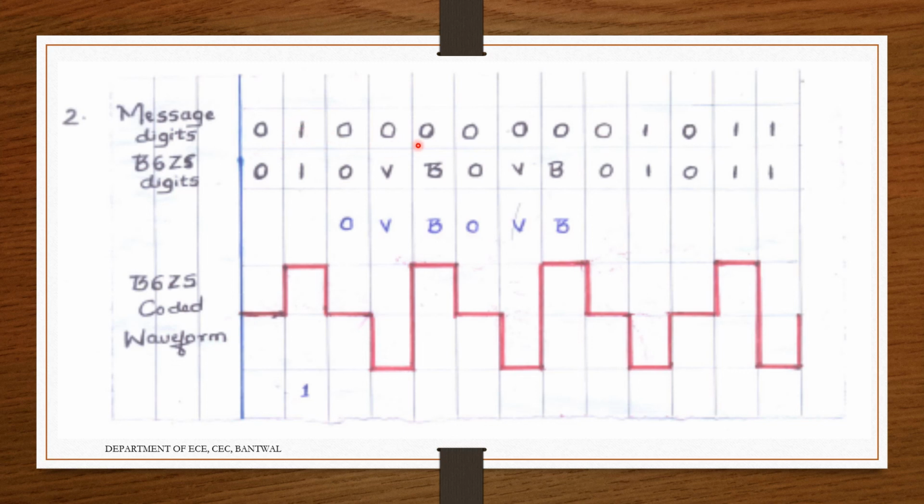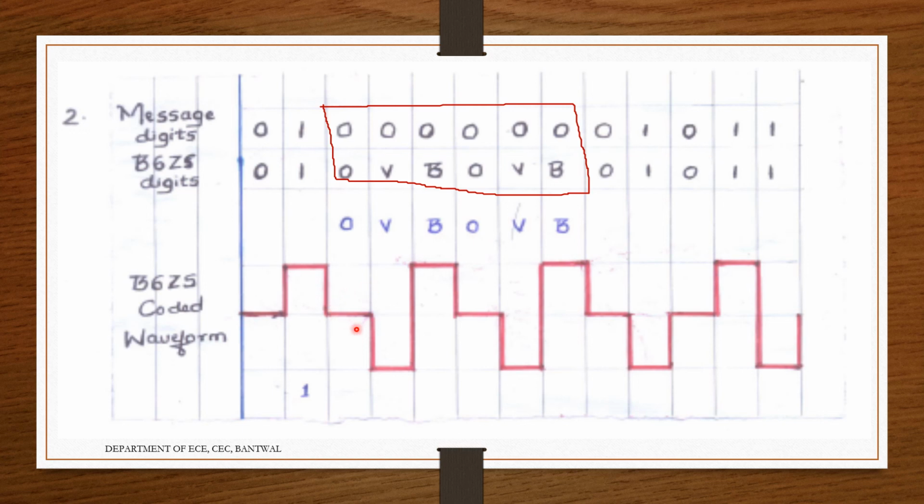0 1 0 0 0 0 0 0 0 0 1 0 1 1. So what should it be? See here, 6 zeros, 1 2 3 4 5 6. Now what is the previous one? Plus 1. So 0 minus, plus 1.